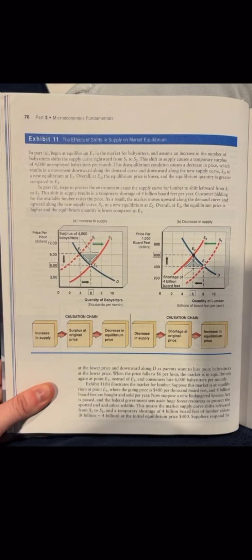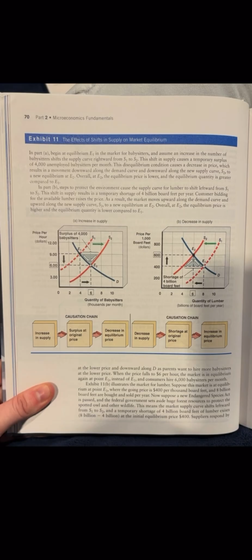Exhibit 11B illustrates the market for lumber. Suppose this market is at equilibrium at point E1, where the going price is $400 per 1,000 board feet, and 8 billion board feet are bought and sold per year. Now suppose a new Endangered Species Act is passed, and the federal government sets aside huge forest resources to protect the spotted owl and other wildlife.